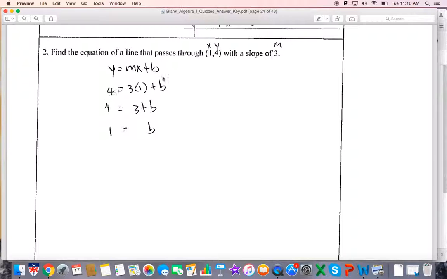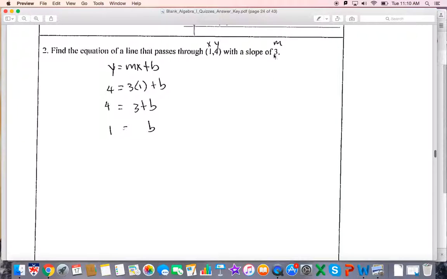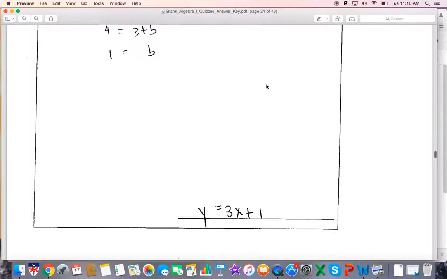So y is 4, m is 3, x is 1, so 4 equals 3 plus b, and we can now isolate the b and we get b is equal to 1. So now that we know that b is 1 and m is 3, we can substitute. We get y equals 3x plus 1.